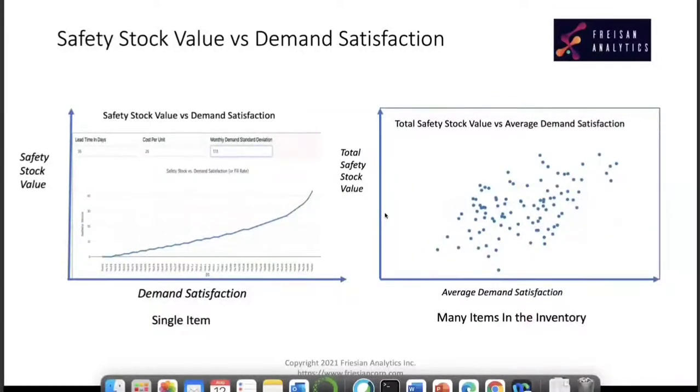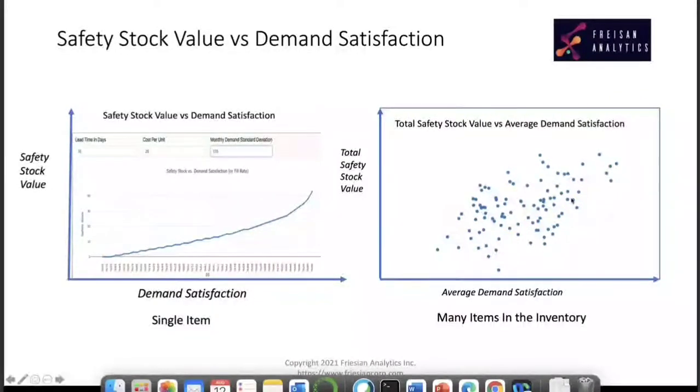If we increase DS, we have to increase safety stock. That relationship is monotonic. It's certain. But when we talk about inventory level, the average demand satisfaction and the total safety stock added together, we have a right chart.